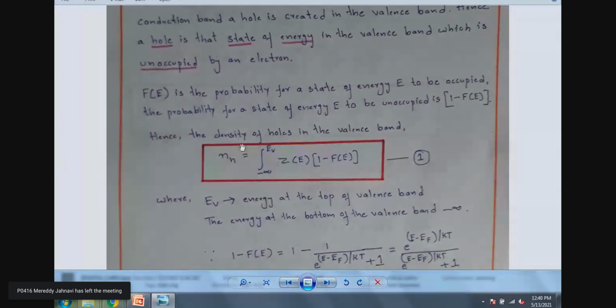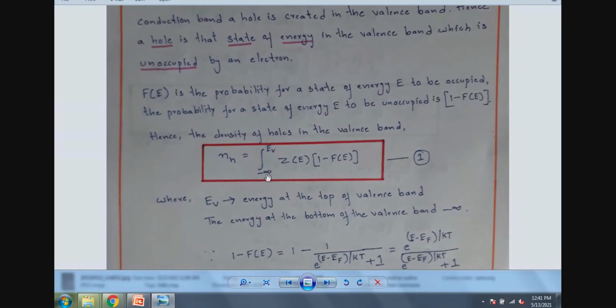So we can write the density of holes in the valence band as n suffix h, where h stands for holes. That is for representation. The limits are from minus infinity to EV. Why? Because the valence band is on the other side, so we mention negative infinity to the maximum level.